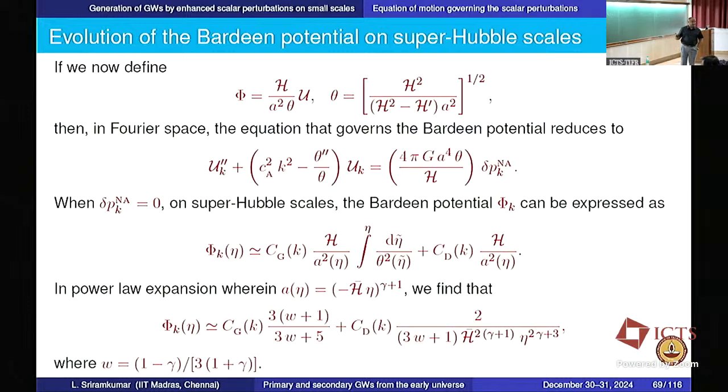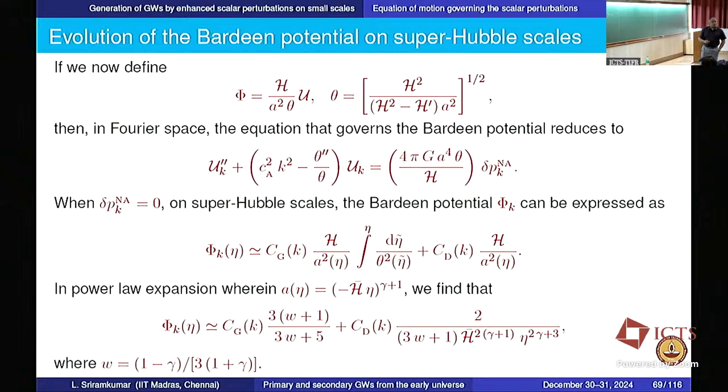And this can survive in the late universe only if the amplitude of the perturbations is very large at very early times. And this is evidently not possible if you are assuming perturbations about the FLRW universe. So often we set this to 0, and you essentially have this result that phi k is a constant on super Hubble scales.